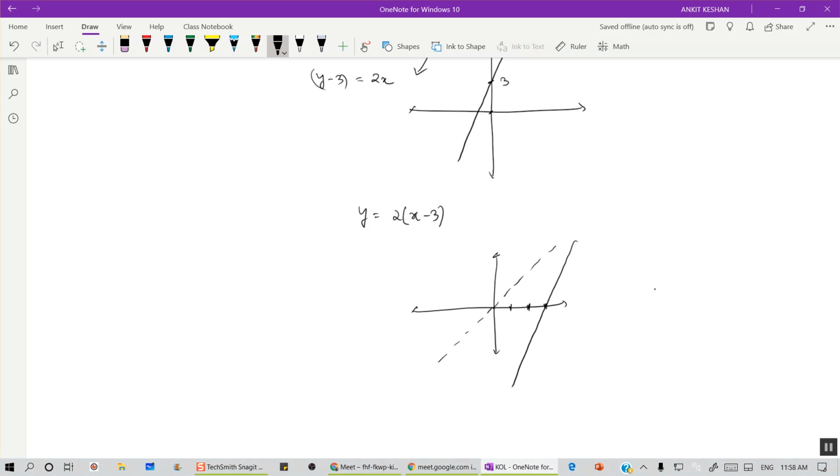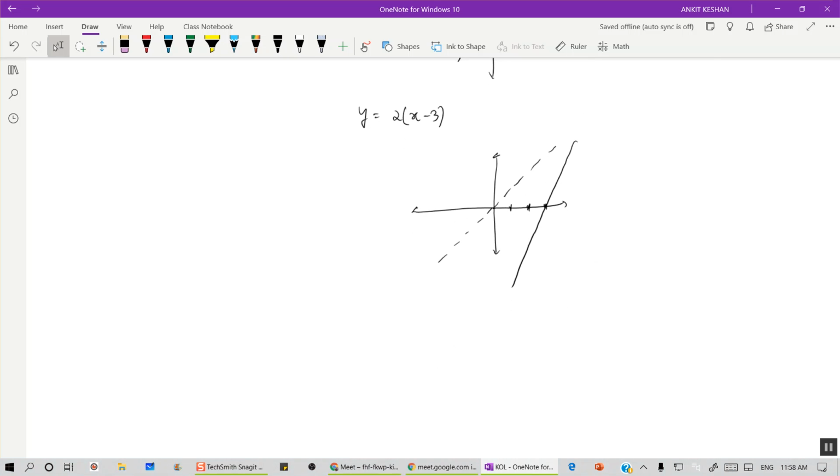Now if we do y equal to 2x minus 3 plus 3, it will move upwards, 3 steps, because it is actually y minus 3.